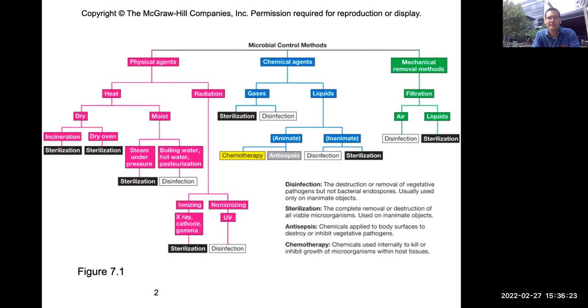So I wanted to cover ways that bacteria can be controlled through physical, chemical, and mechanical removal. In another video, which I'll put a link to in a moment, you can also have a look more into biological control, so phage biocontrol. And also just remember the differences between disinfection, sterilization, chemotherapy and antiseptics.